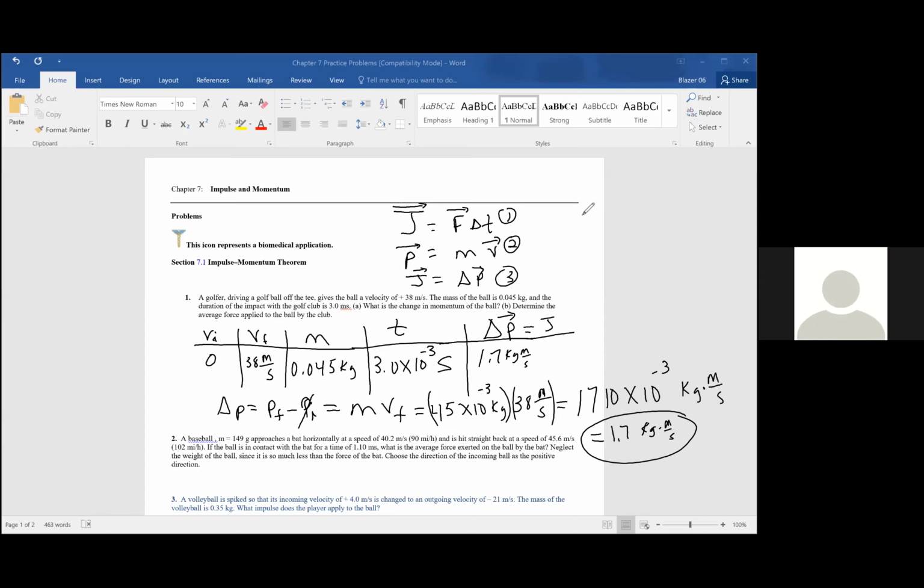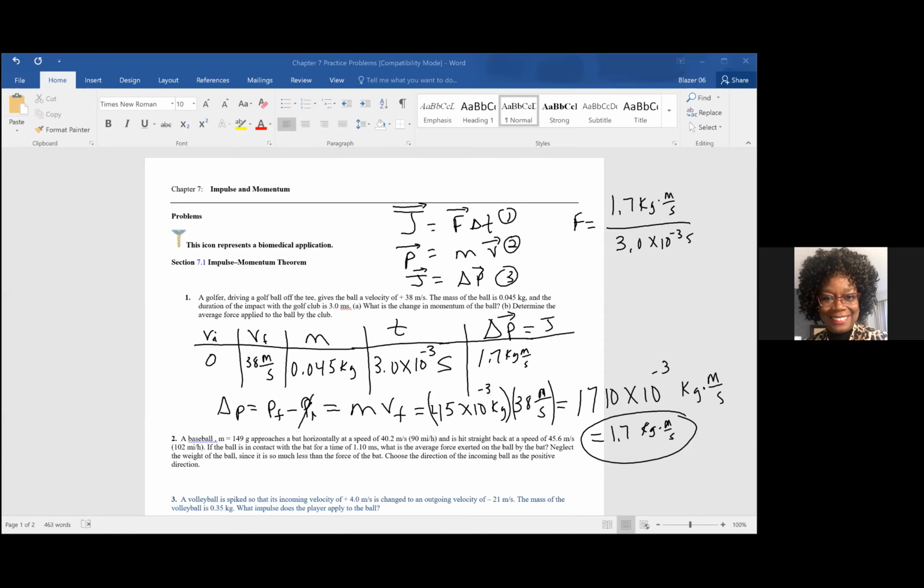So when I solve for the force, I'm going to say the impulse, which is 1.7 kilogram times meter per second, divided by time, and time is 3.0 times 10 to the minus 3 seconds.